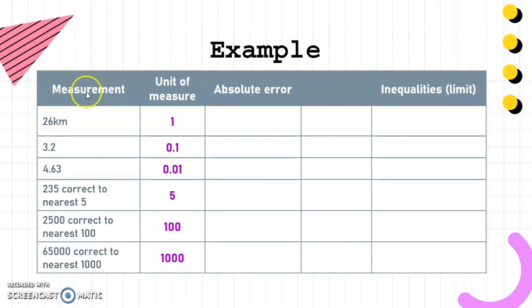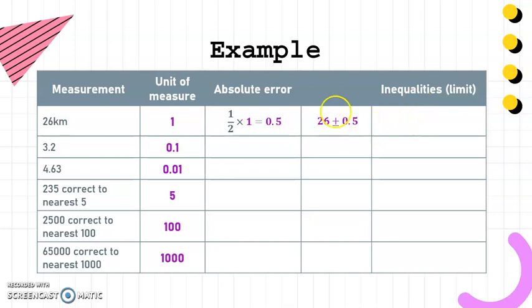The first one, the measurement given is 26 kilometer, and the smallest division of the measurement will be 1. So absolute error will be half multiplied with 1, which is equal to 0.5. Okay, so the upper and lower bound will be represented like this also, as inequalities.